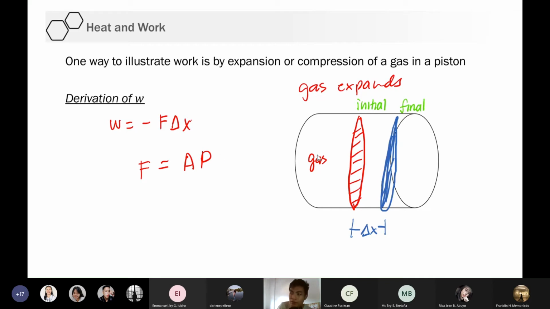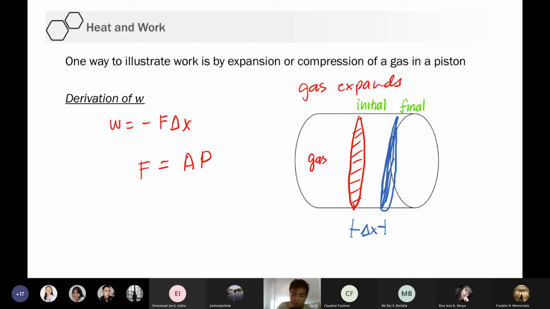Yung pressure ng gas times yung area ng circle na yan. That's the force. Since medyo mahirap i-measure yung force, mas madali ma-measure yung pressure ng gas. Bakit? Kasi in measuring the pressure of the gas, maglagay ka lang ng pressure gauge.